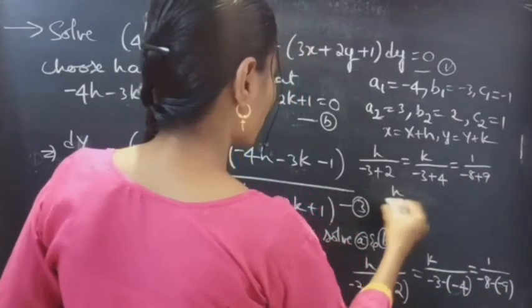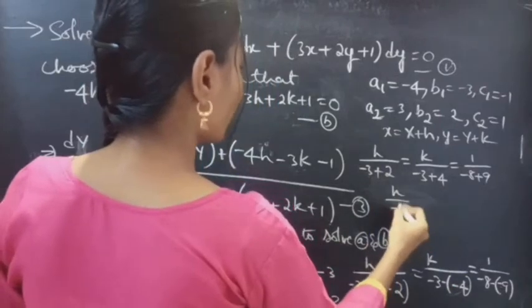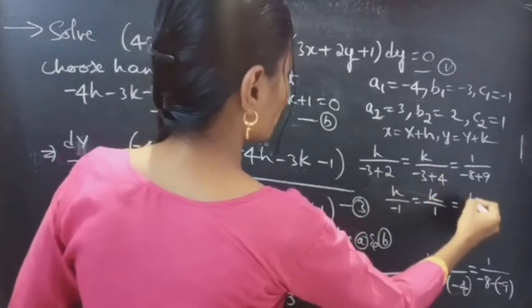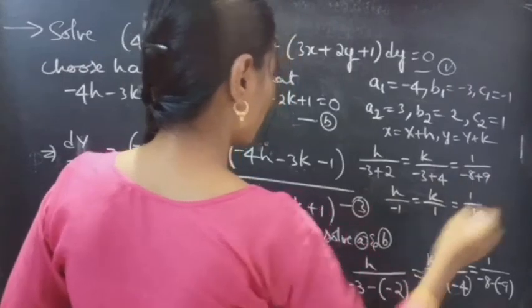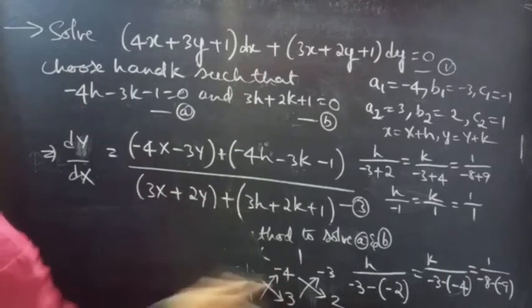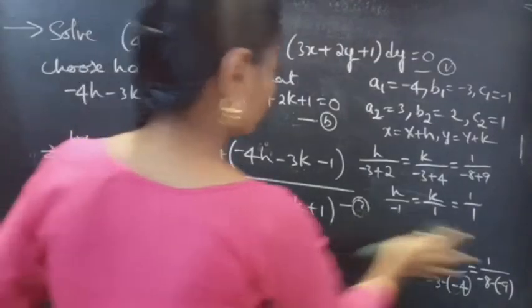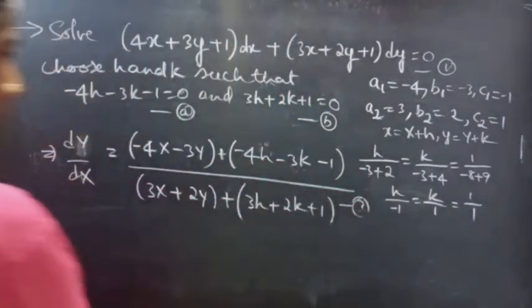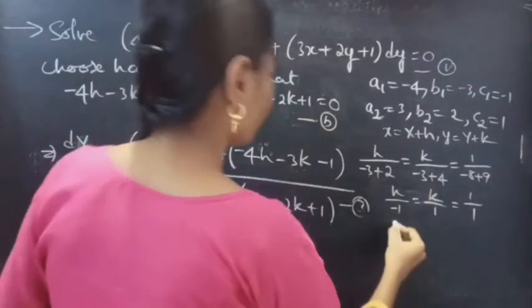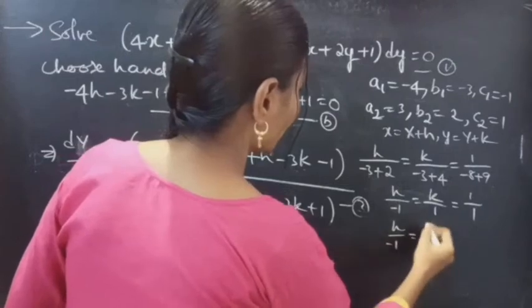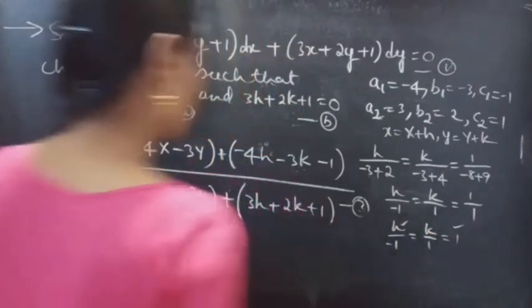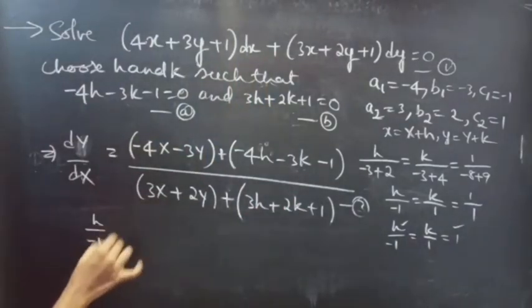That is h by minus 3 plus 2 is minus 1, equals k by 4 minus 3 is 1, equals 1 by 9 minus 8 is 1. Now simply you can write this as h by minus 1 equals k by 1 equals 1 by 1.